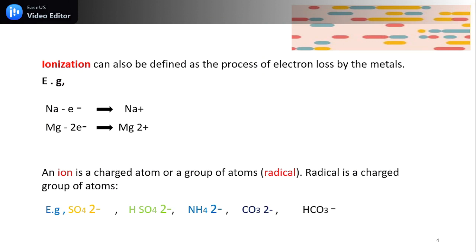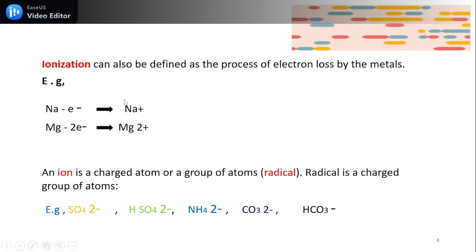In brackets you can see the word radical. It implies that the group of atoms stated in this statement is a radical. So again, an ion is a charged atom or a group of atoms.